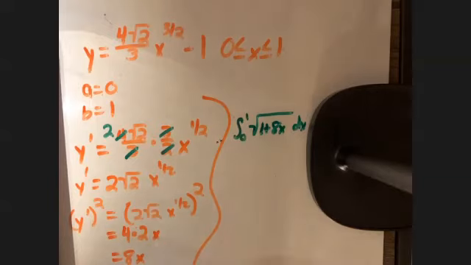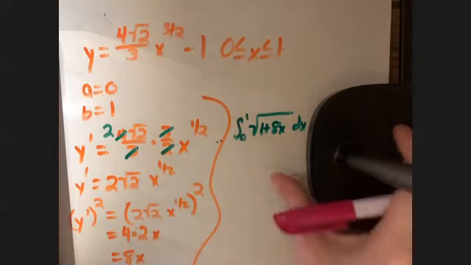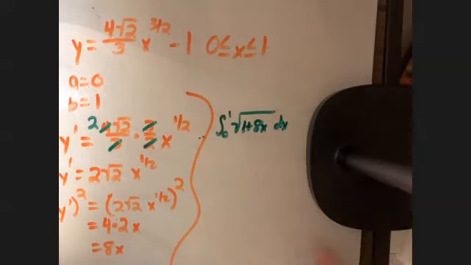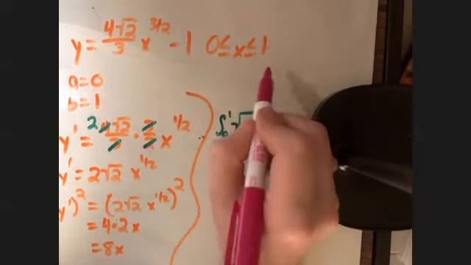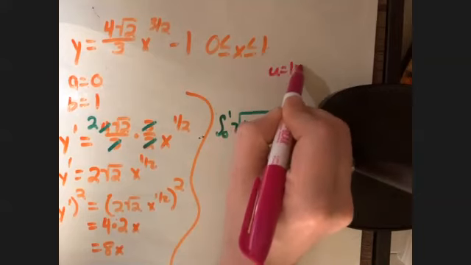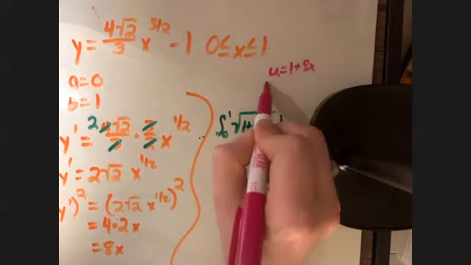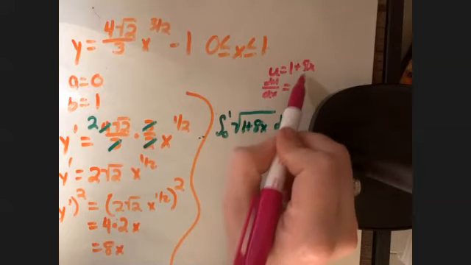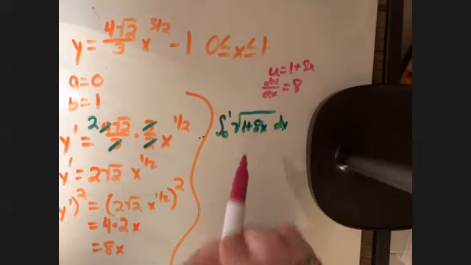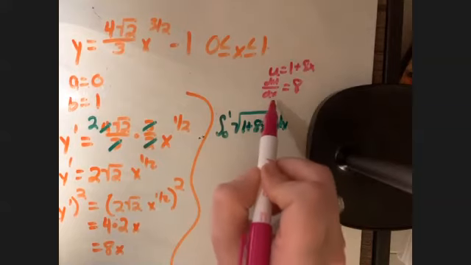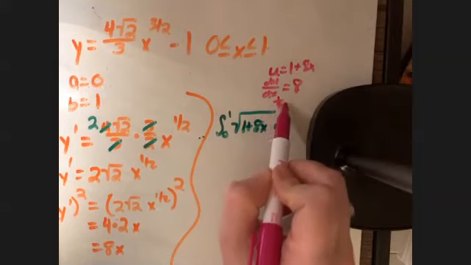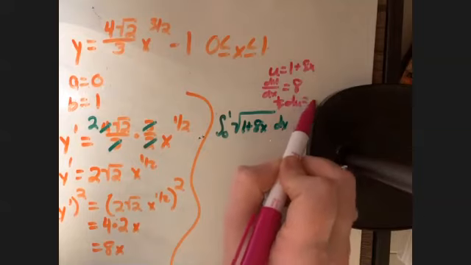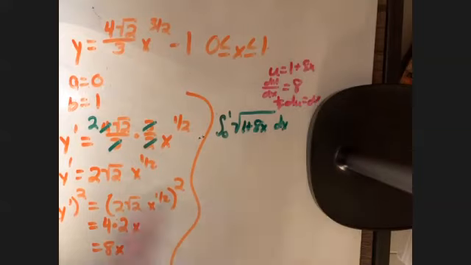Now, we need to do a little bit of u substitution here. I'm going to do this up here. So u equals 1 plus 8x, du/dx is going to be 8. So that is going to be 1/8 du equals dx.